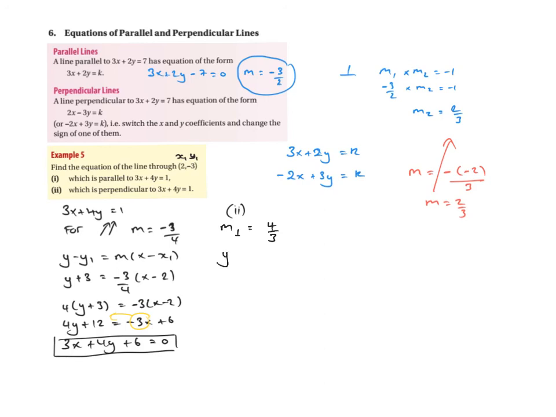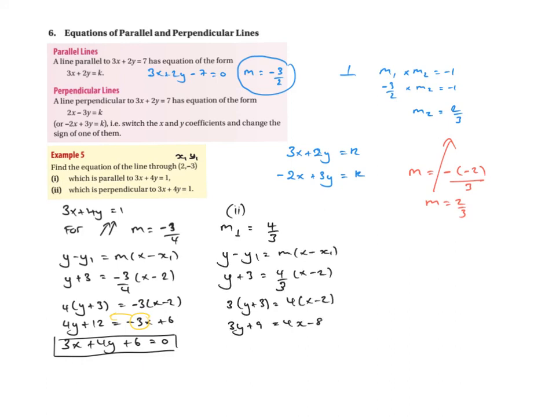And we're going to do exactly the same thing. We're going to do y minus y1 is equal to m(x minus x1), and just put the values through again. It's the same coordinates, so we've got y plus 3 again is equal to m. The only thing that's changed from the original equation is the actual slope. So x minus 2, and then multiply everything by 3. So we get 3(y plus 3) is equal to 4(x minus 2), so 3y plus 9 is equal to 4x minus 8.